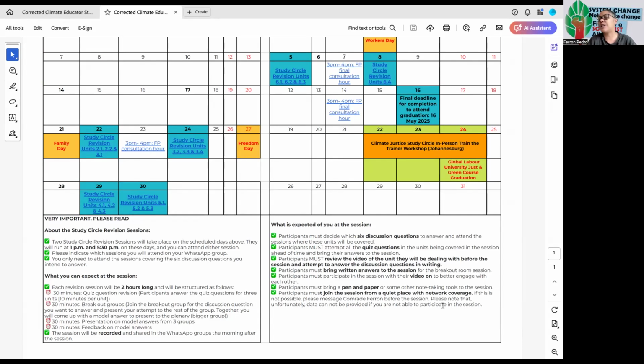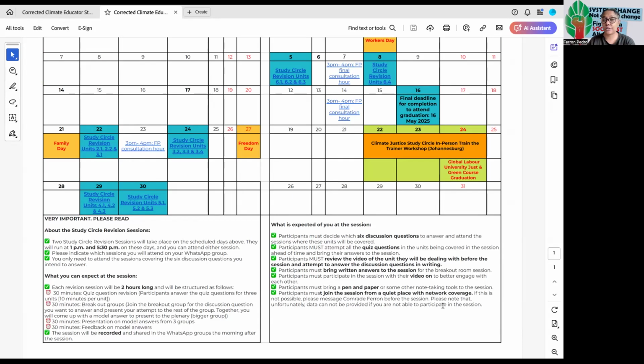And then if you're struggling to put those into words or think about how to formulate a response, come to the study circle revision sessions, have a discussion, see what other comrades have answered, and that might give you ideas about how you can answer it. But there are expectations that you attempt all the discussion questions ahead of the session.